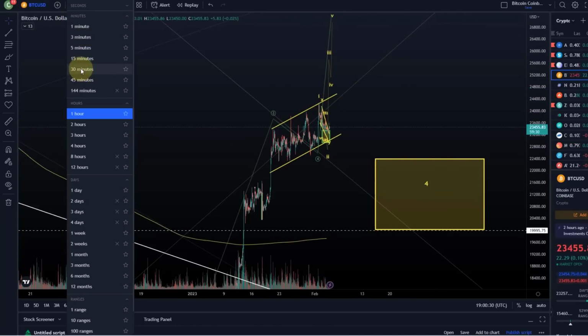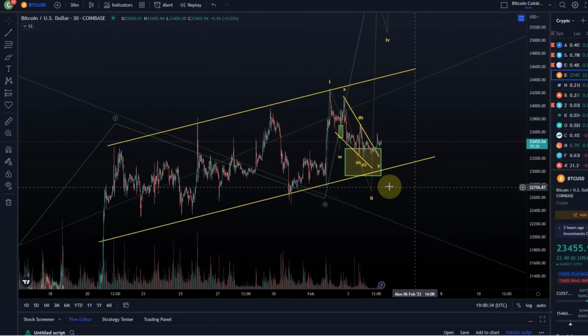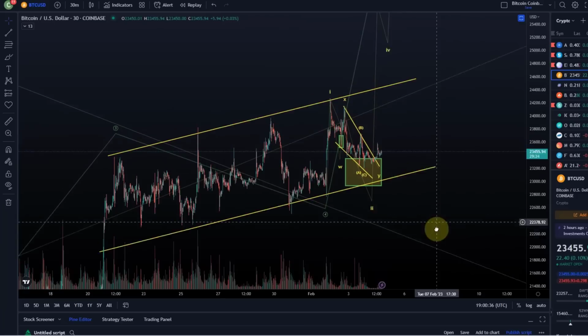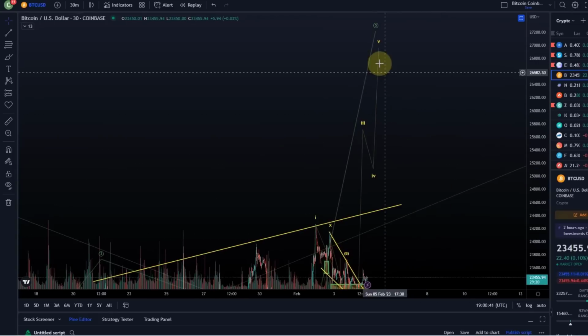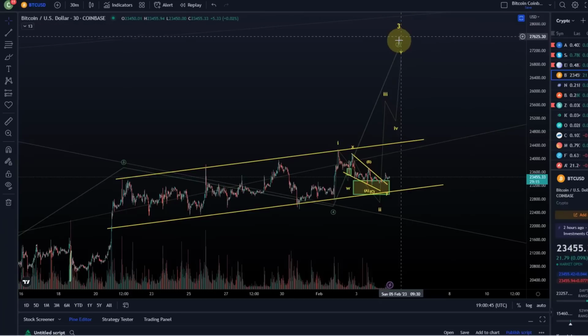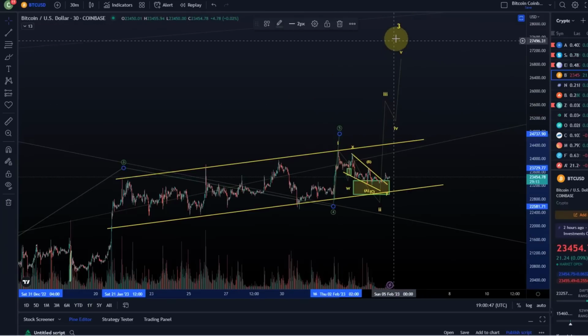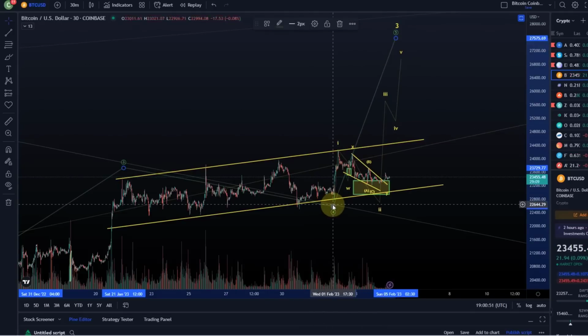Because then we're losing micro support, and if we lose that micro support, it indicates this channel is going to break, and the 1-2 setup of that wave 5 is going to fail. And then we might have to consider that this wave 5 finished here at the last high, and this wave 3 as well, which is possible. But at the moment I prefer to see it only as the wave 1 of 5 of 3. So as long as we're holding the support, we can still push higher.